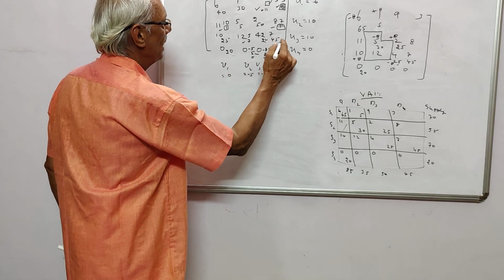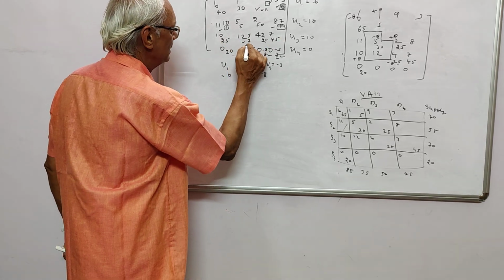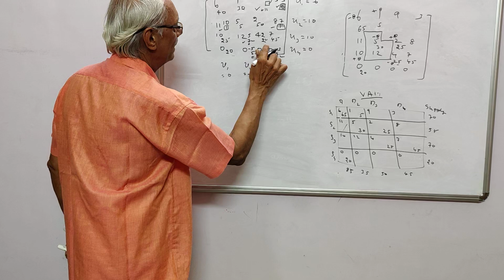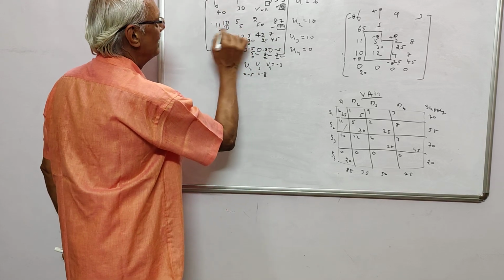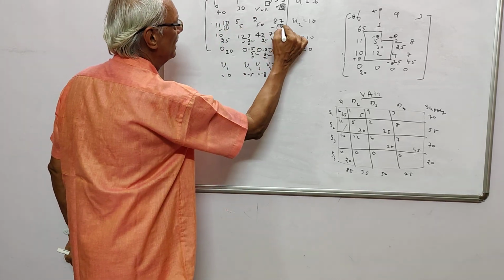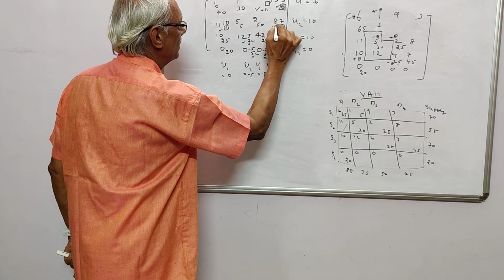This is positive. Go to unallocated cells only. So this is positive and this is allocated. Don't worry. And this is positive. This is positive. See here. It is positive.